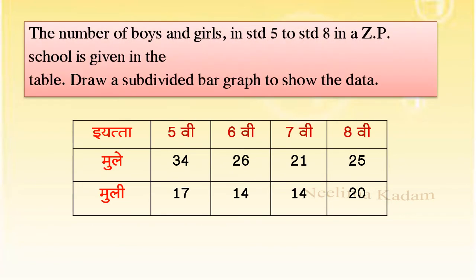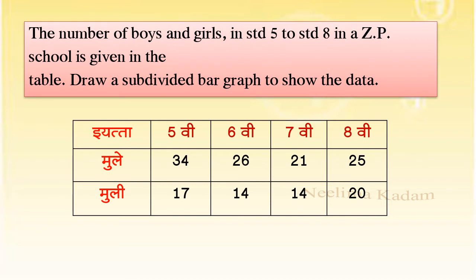The number of boys and girls in standard 5th to 8th in a ZP school is given in the table. Draw a subdivided bar graph to show the data. Now here, the number of students, that is boys and girls, standard wise, is given in the table. Now first of all, to draw a subdivided bar graph, what do we have to do?